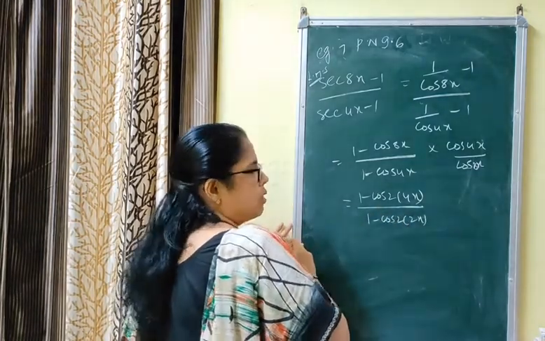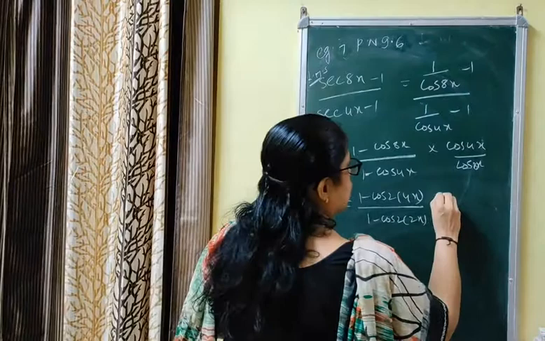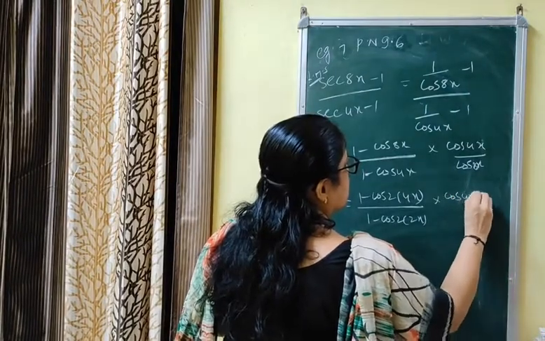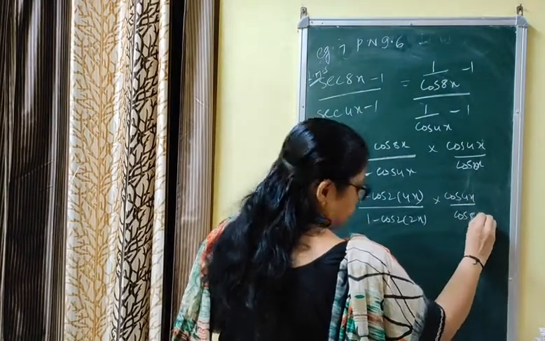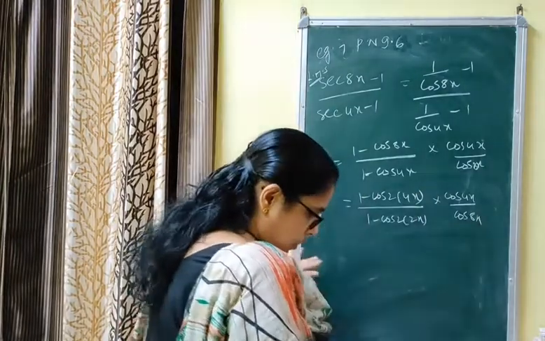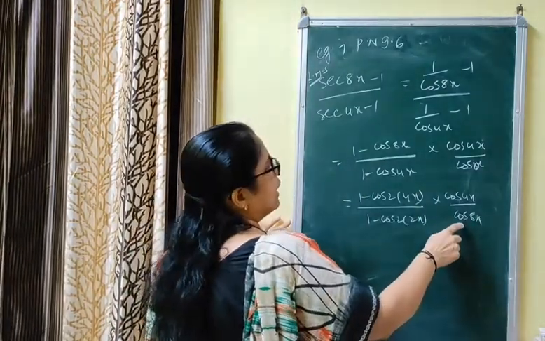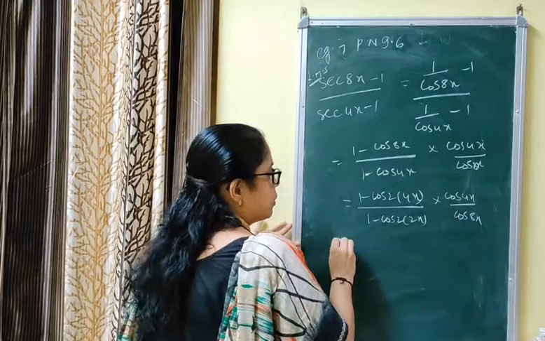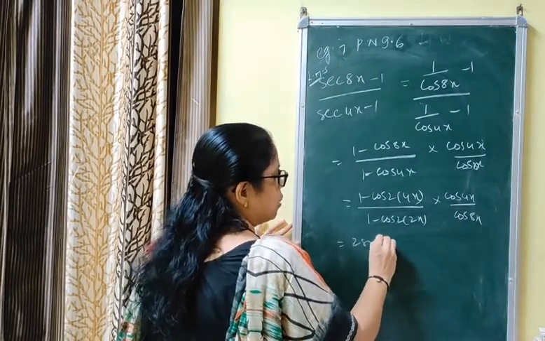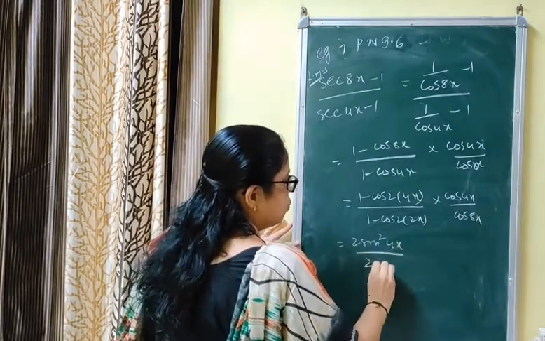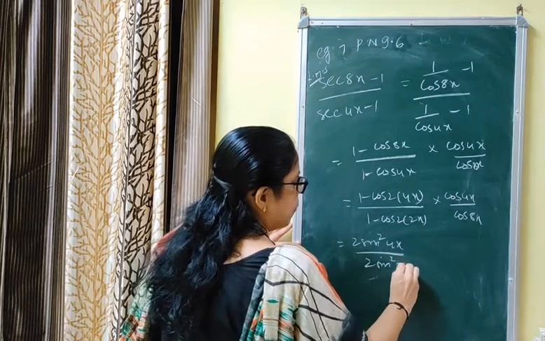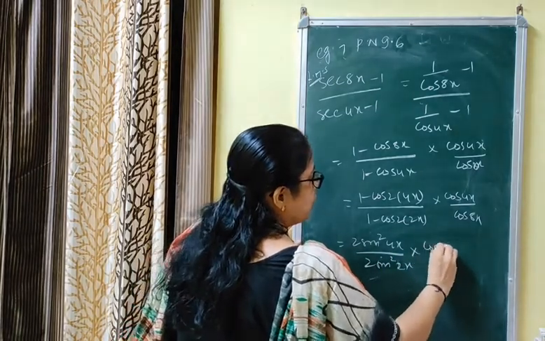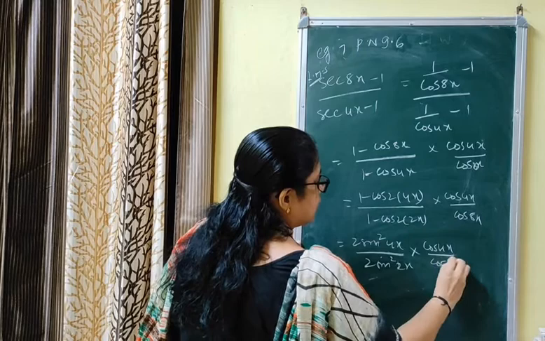To apply the formula 1 minus cos 2x equal to 2 sin square x, into cos 4x upon cos 8x. We will do this part afterwards, because we want tan 8x, so this should not be disturbed. That is 2 sin square 4x upon 2 sin square 2x into cos 4x upon cos 8x.